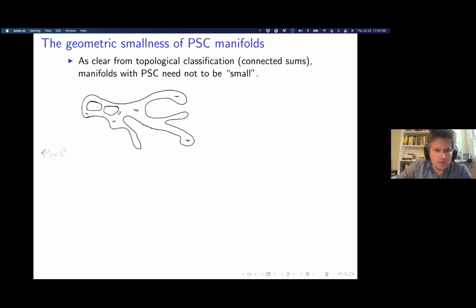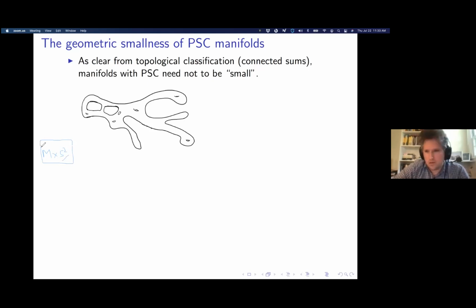If you make the sphere have a very small radius, this product will have a metric of positive scalar curvature.